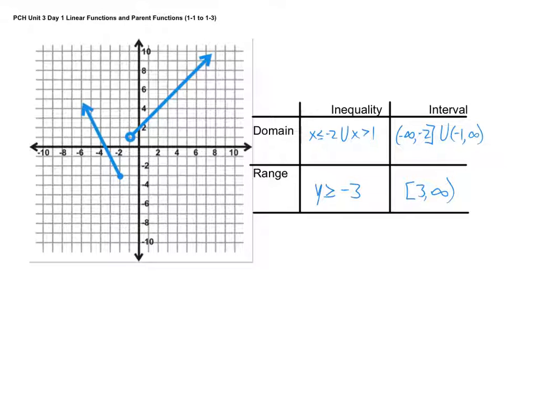No. Even here at 1, notice there's an open point, but it does equal 1 on this other part of the piecewise function, so that's okay. So it does include everything greater than or equal to negative 3.